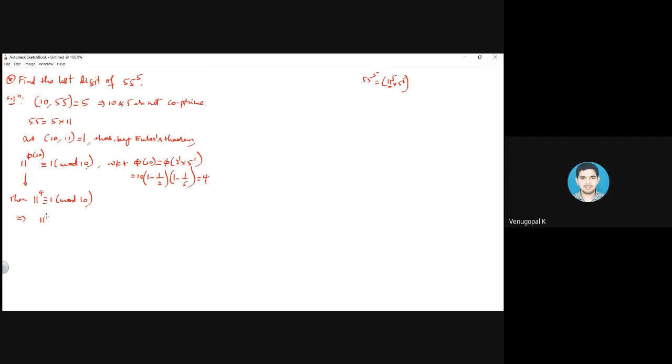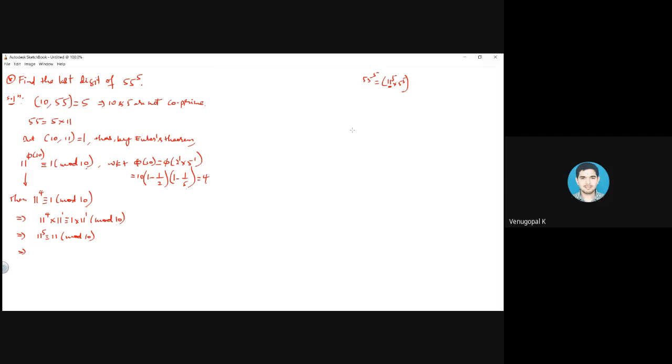You can write directly once you understand. 11 power 4 into 11 power 1 is congruent to 1 into 11 power 1, multiplying on both sides, mod 10. Then we have 11 power 5 congruent to 11 mod 10. You can skip some steps here, but I'll write each and every small step.